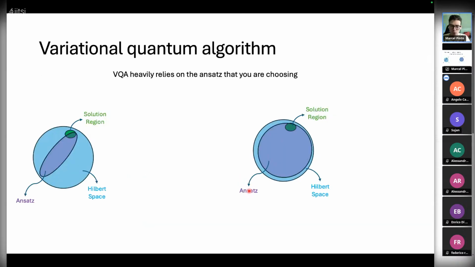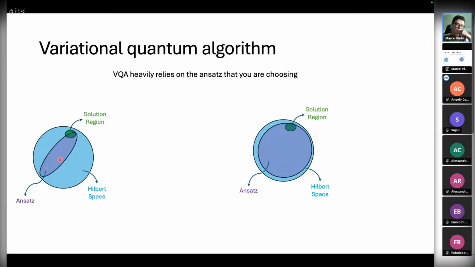One important thing you may notice is that this kind of algorithm depends heavily on how you define your ansatz. As a cartoon, I'm showing here two types of ansatz. You have this blue ball that represents the Hilbert space, and your ansatz is this region. This is all the possible states that your ansatz can reach.